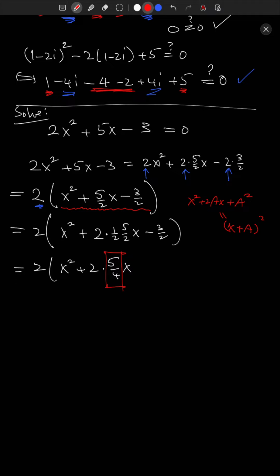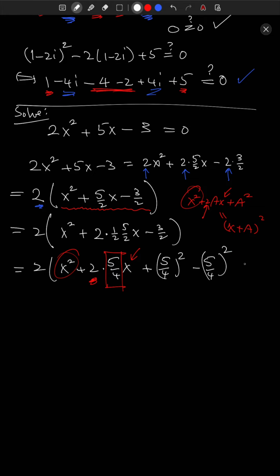So we've now matched the 2 with that 2 right there. We have the x right there, and of course we have the x squared right there. And so that means the a is 5 over 4. That means we need to see an a squared, so we need to see 5 over 4 squared. So we're just going to make it up, and then we're going to compensate for it.